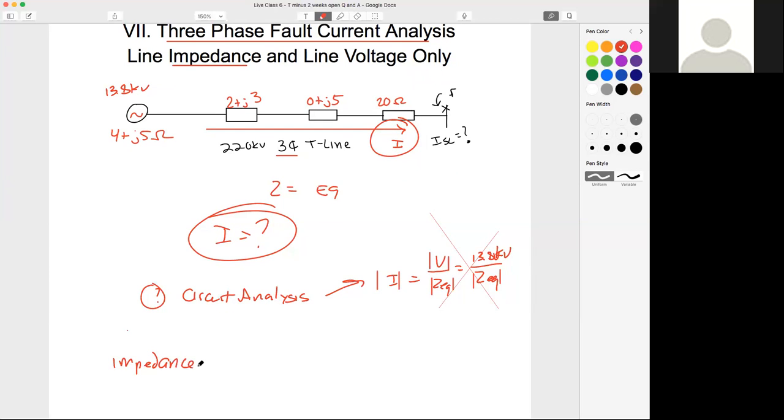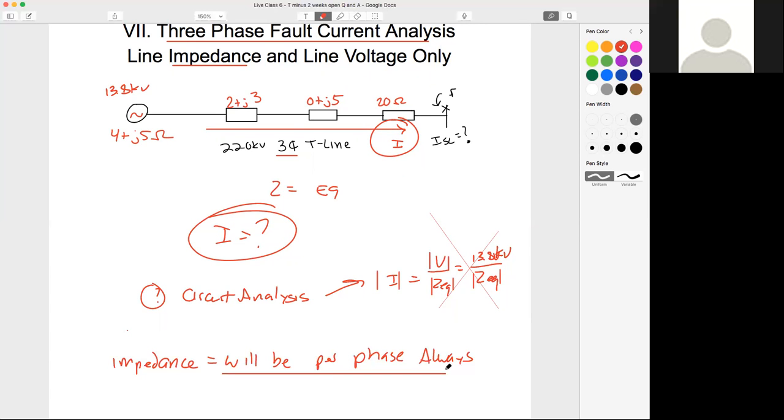Unless you have a problem that specifically states otherwise, impedance is always going to be per phase, which is why we need those phase voltage values. Carlos said you need the phase voltage. Yep. Omar said we need to find one phase. I think that meant I short circuit values.